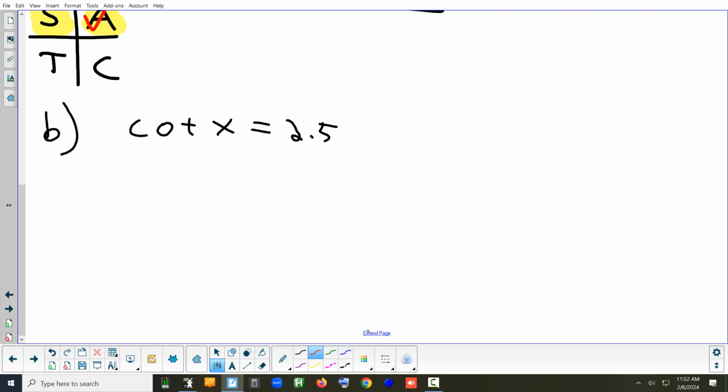Well, let's see what happens here. Ideally, if we had inverse cotangent, we would do that on both sides to get x by itself. We don't have it. So, I know the cotangent is 2.5. What's the trig function we know that's connected to cotangent?